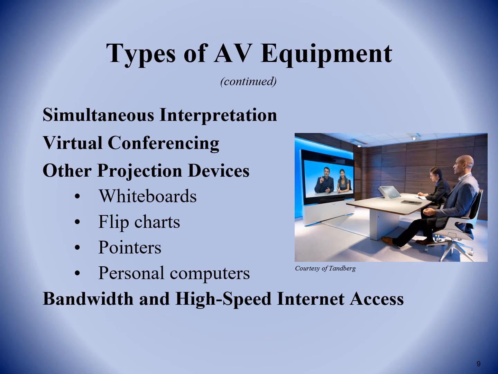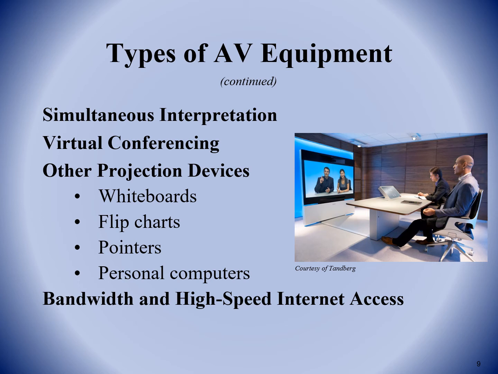Different types of additional services that we have as far as AV, we might have simultaneous interpretation, meaning that if there are people that speak different languages, we might have headsets, or we might have translators on site that will be taking what the speaker is saying and translating it into the language that the other people need to hear.